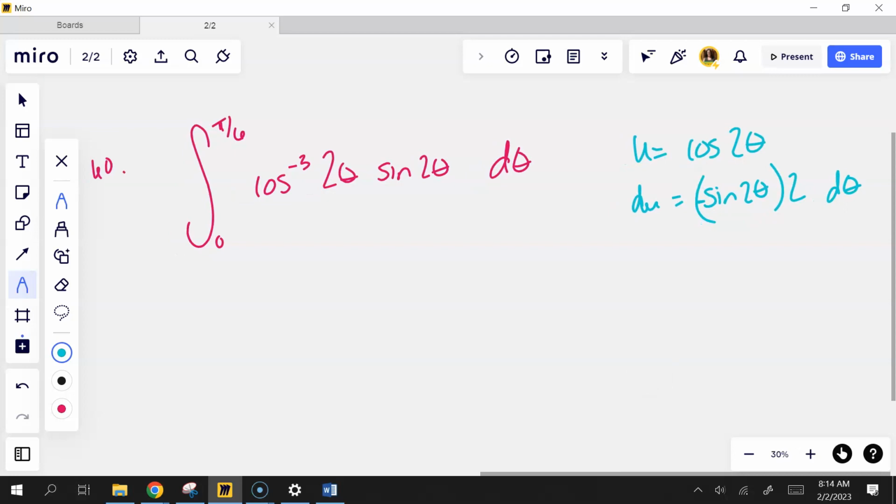So we have, I need a 2 in here, right? So I need a 1/2 here. So I get 1/2 from 0 to pi over 6 u to the negative 3 du. Yes. Sorry.